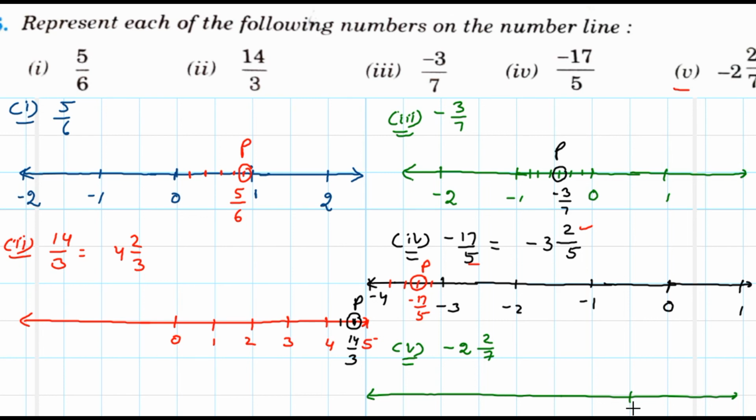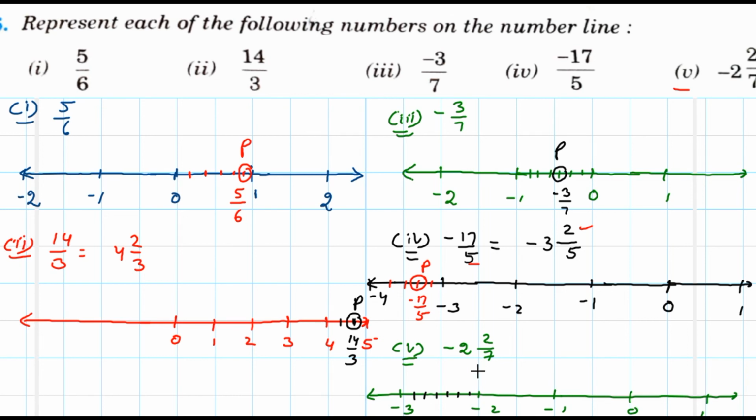This is 1, 2 complete divisions, minus 1, minus 2, minus 3, right? Now I will make 7 divisions after 2. So 1, 2, 3, 4, 5, 6 and this one 7.